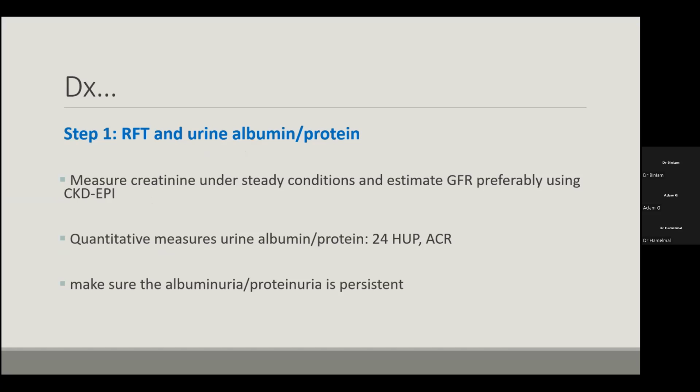We know that diagnosis of CKD relies on creatinine mostly. Some equations use creatinine, cystatin C, and urine albumin or protein. As we previously discussed, definition and staging depend on this measurement. So creatinine should be measured under steady conditions.